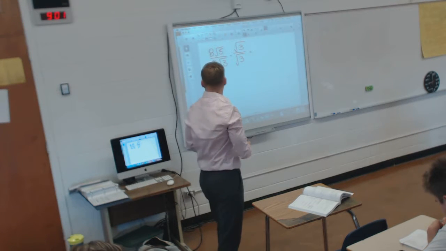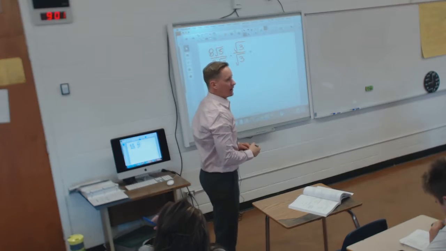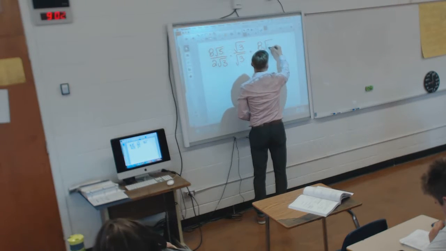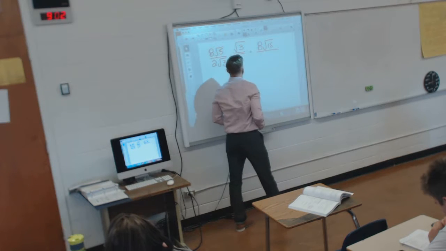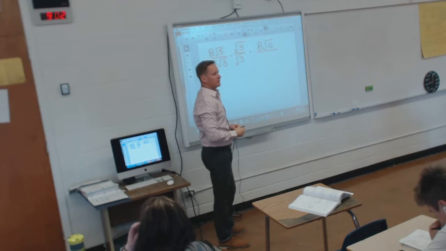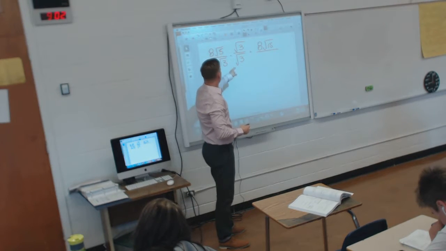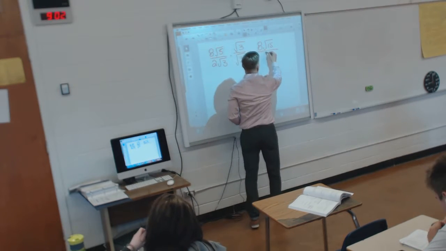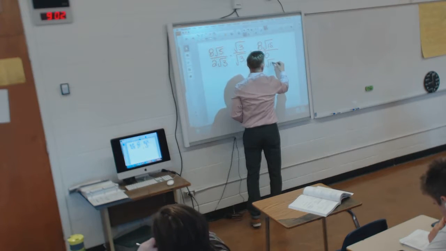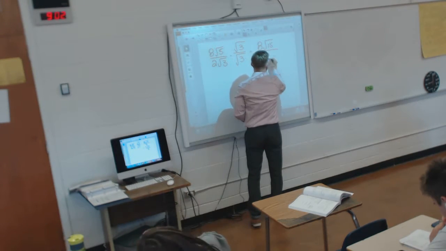But whatever I do to the bottom, I also have to do to the top. All right? So 8 root 5 times root 3, 8 square root 15. And on the bottom, I have root 3 times root 3, which is square root 9. Square root of 9 is 3. 3 times 2 is 6. And then I'll reduce that to that.